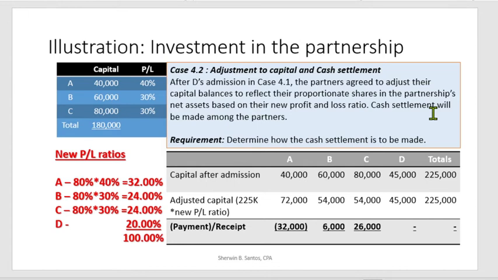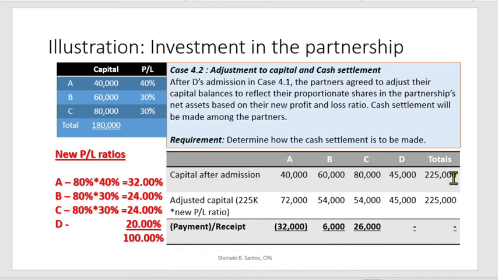Ang sabi, since ang total ng net assets ng partnership ay 225,000, nag-agree daw si A, B, and C and D na for them to easily operate, i-equalize nila yung, no, not equalize. We compute for the new profit and loss ratio and kung magkano man yung sobra at kulang ay dagdagan ng investment. Ganon yung, kaya meron siyang cash settlement among the partners.